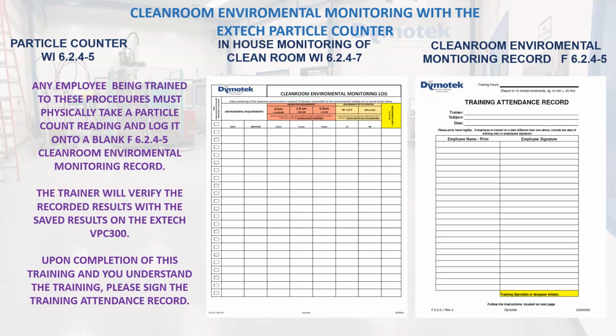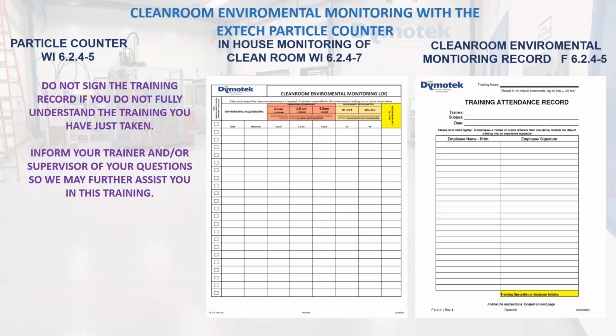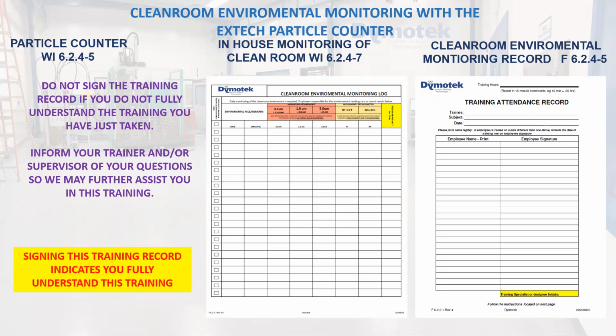Upon completion of this training and you understand the training, please sign the training attendance record. Please do not sign the training record if you do not fully understand the training you have just taken. Inform your trainer and/or supervisor of your questions so we may further assist you in this training. Signing this training record indicates you fully understand this training.